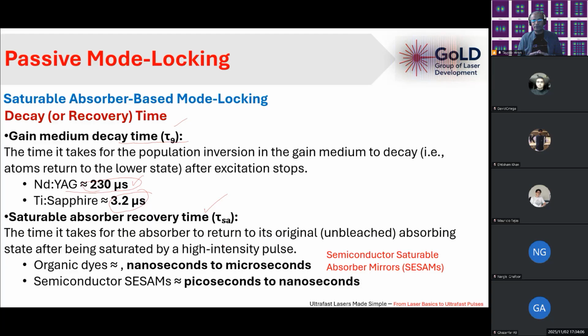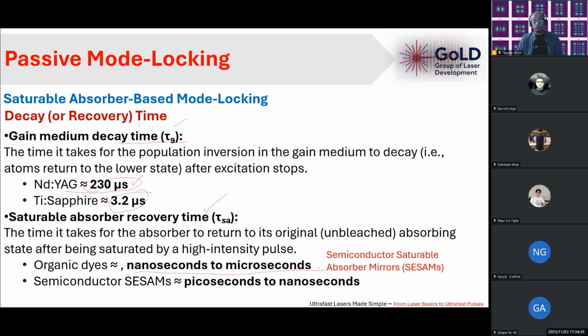Now the saturable absorber's recovery time, in case we use an organic dye like rhodamine 6G, which is used to dye hair and also to dye clothes, is nanoseconds to microseconds. Okay.